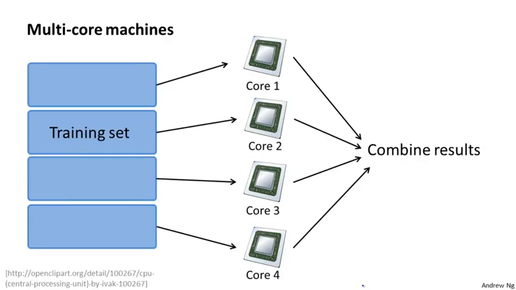Finally, one last caveat on parallelizing within a multi-core machine. Depending on the details of your implementation, if you have a multi-core machine and if you have certain numerical linear algebra libraries, it turns out that there are some numerical linear algebra libraries that can automatically parallelize their linear algebra operations across multiple cores within the machine.